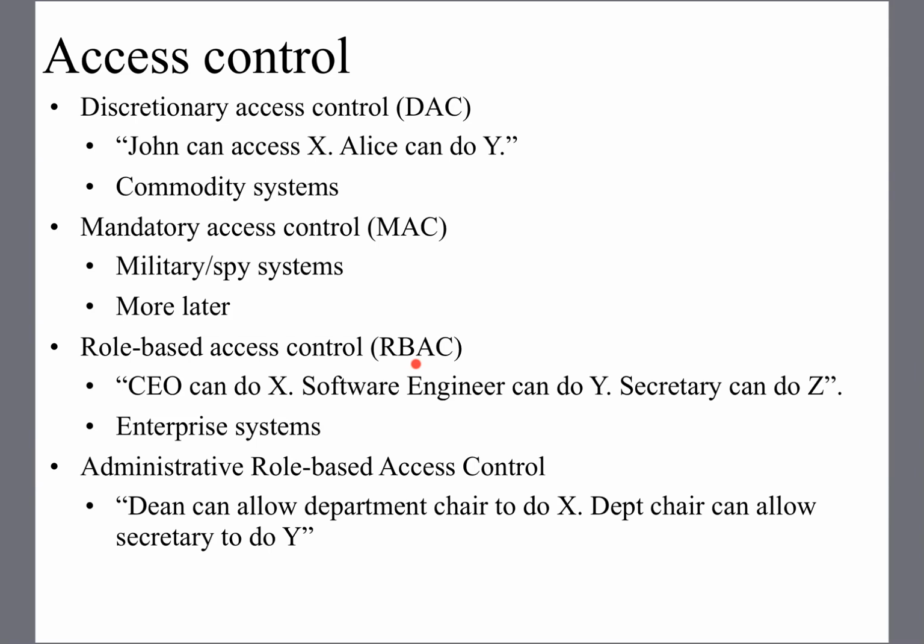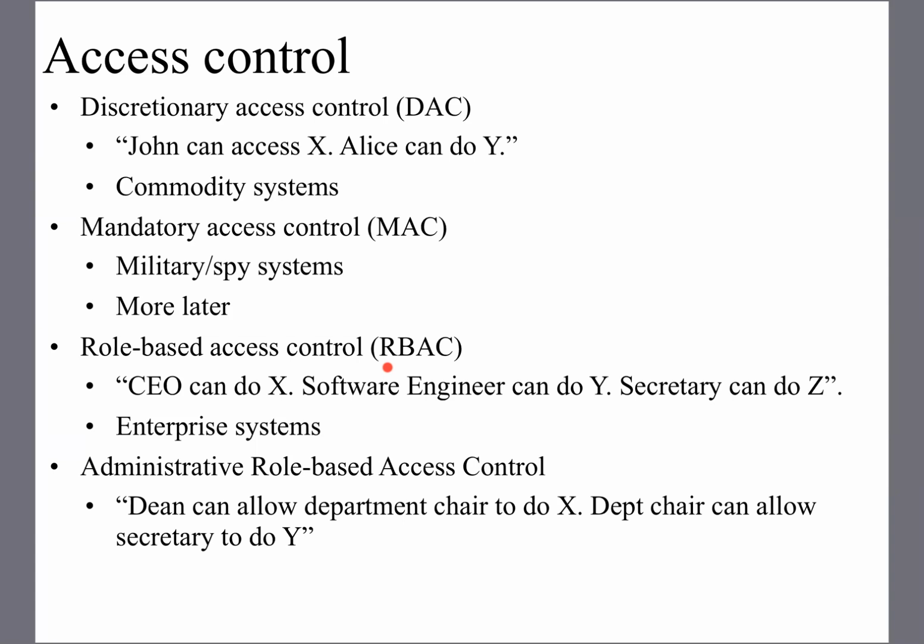And then there are takes on that, administrative role-based access control, which deals with who decides which roles can access which data. So there are administrators who can say, the secretary can now access XYZ, or a faculty can access these students' records.